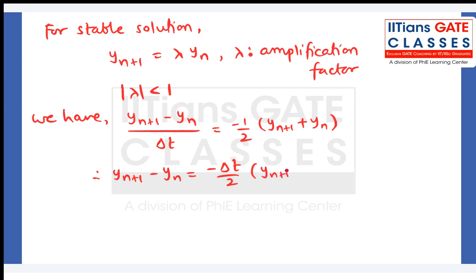I'll expand this bracket also, plus minus delta t by 2 y_n. Okay, so now I'll take y_{n+1} terms on one side and y_n terms on the other side. So therefore you'll have (1 plus delta t by 2) y_{n+1} equal to (1 minus delta t by 2) into y_n.